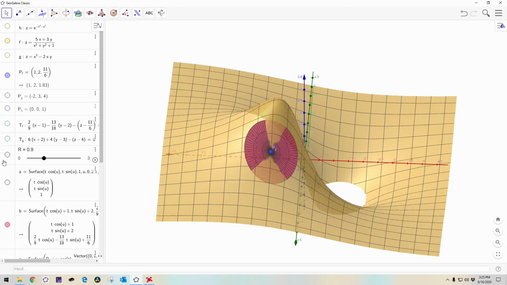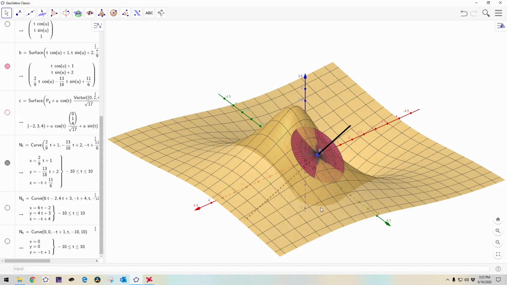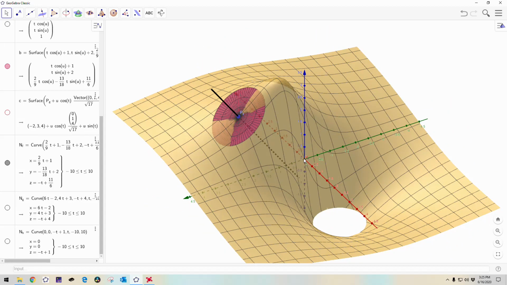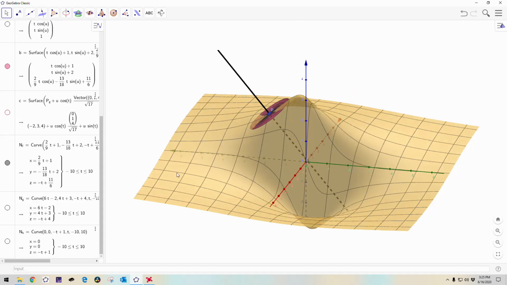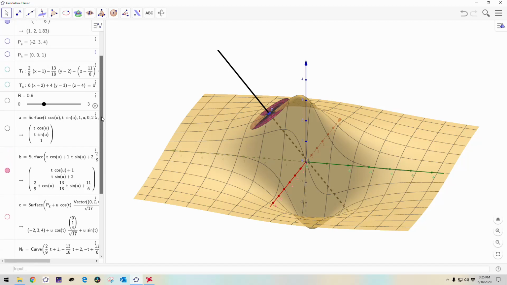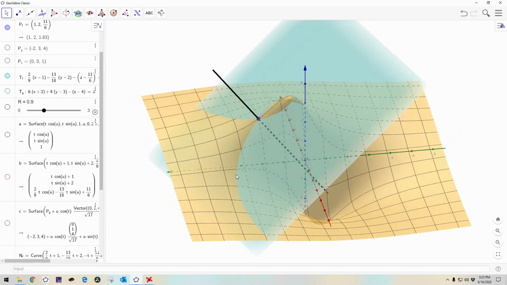Okay, and the normal line to F is this guy right here. As you can see, it's the line that is completely perpendicular to the tangent plane. All right, so let's bring that tangent plane back up here, turn that surface off.